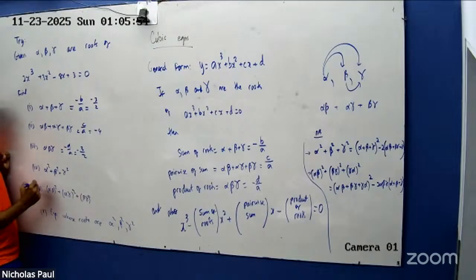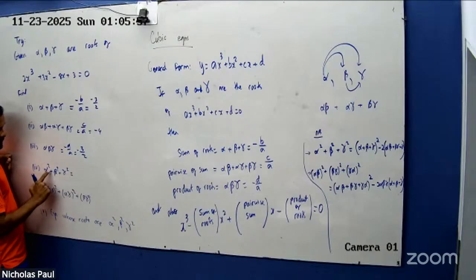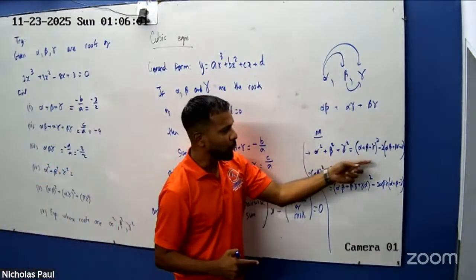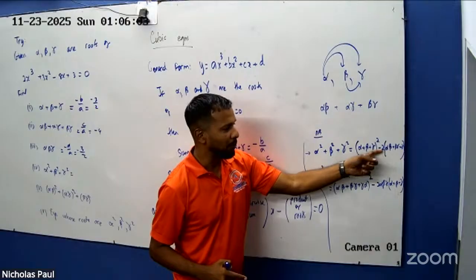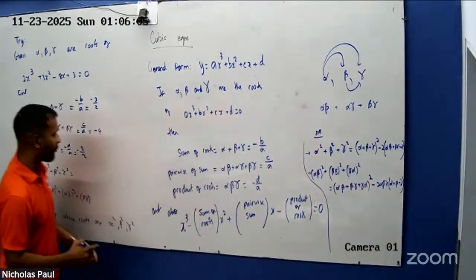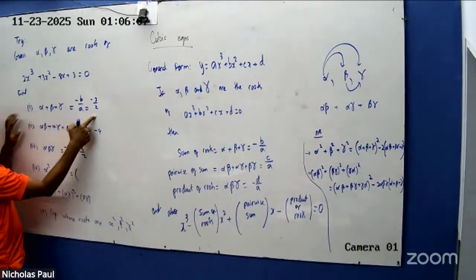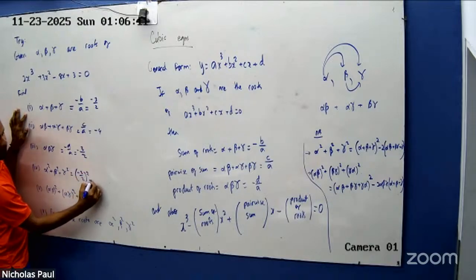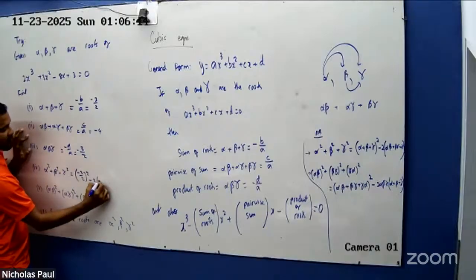That's okay. What's alpha squared plus beta squared plus gamma squared? Well, we're squaring the sum and subtracting 2 times the pairwise sum. So we square the sum, minus 3 on 2 squared, minus 2 by this, which is minus 4.